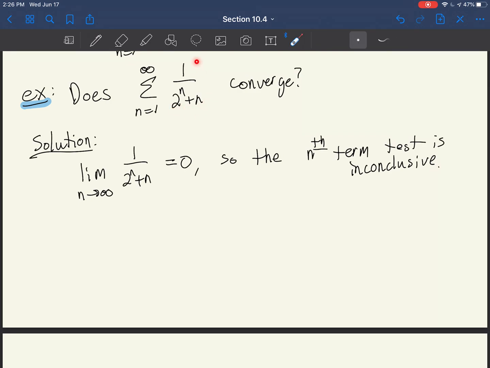All right, could we do the integral test on this? I do not know how to integrate this function, so we do not want to do the integral test. So we move to the comparison test. So the idea is we want to compare this to a function that we know how it behaves. To do this, what we do is we ask ourselves, what is the dominant term here?